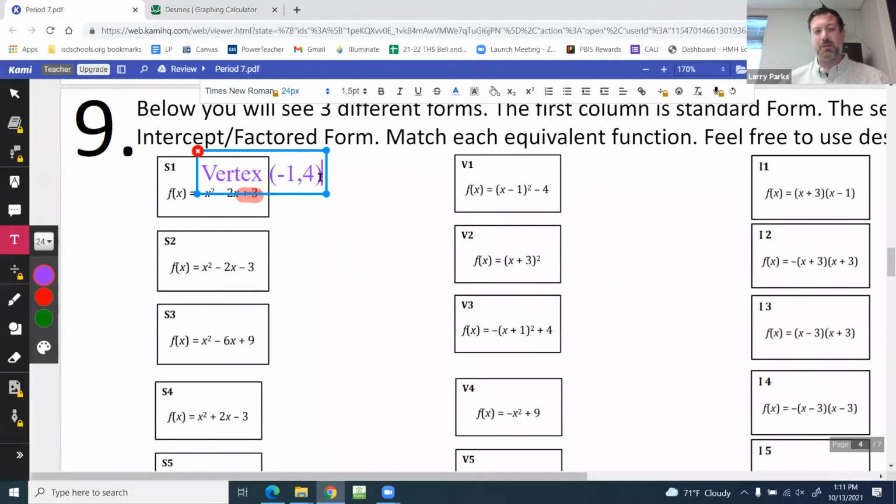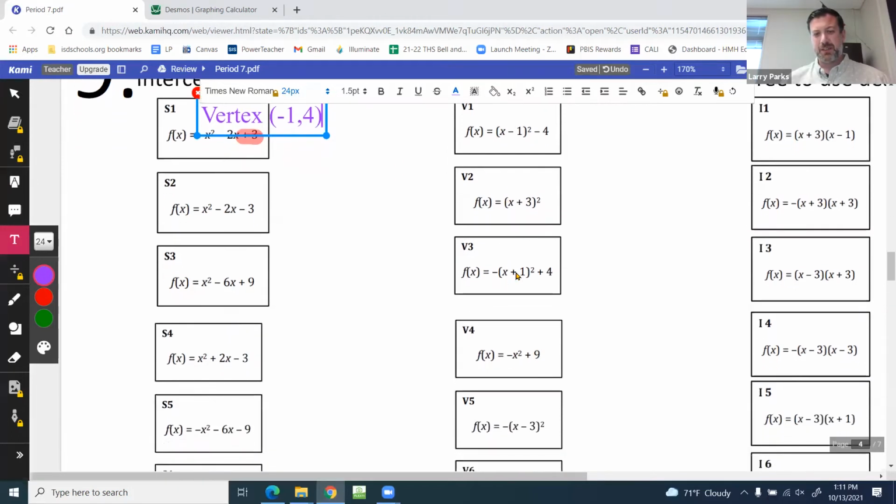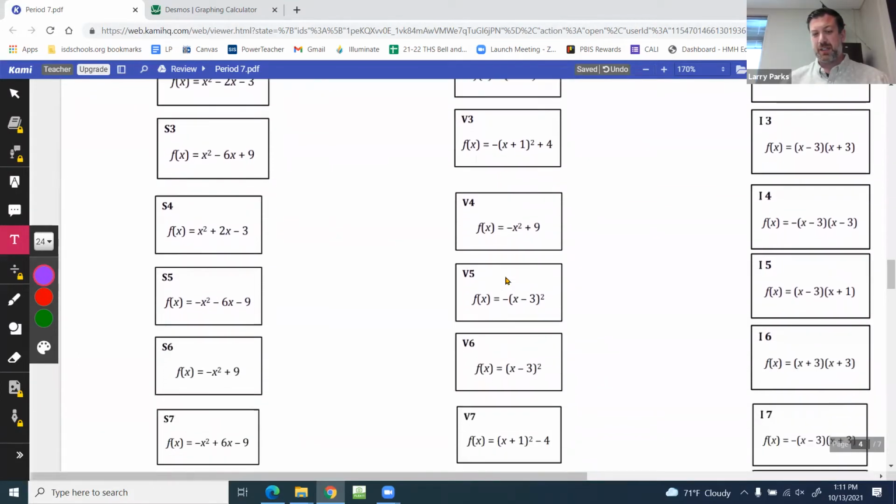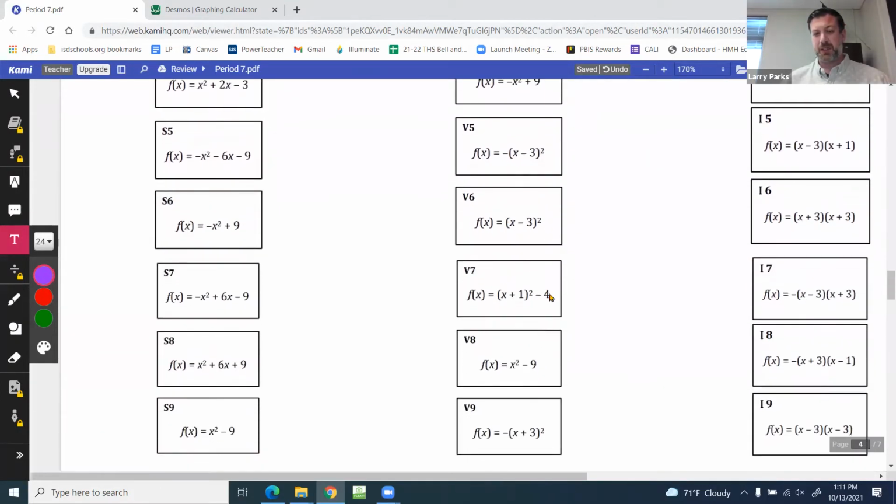So when I'm matching, I'm looking for the one here that says +1 and the one here that says +4. It's the opposite, same. So +1, +4 could be this one. None of the others are +1, +4.